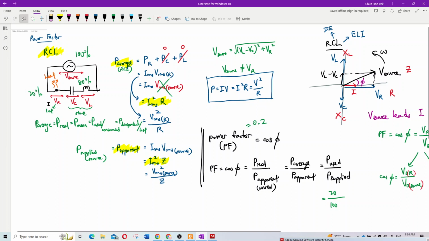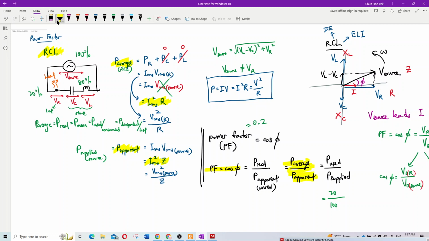Okay, class, can you understand better now? So power factor is power used over the power supplied, or you can say just average power over apparent power. Remember that power factor is average power over apparent power.